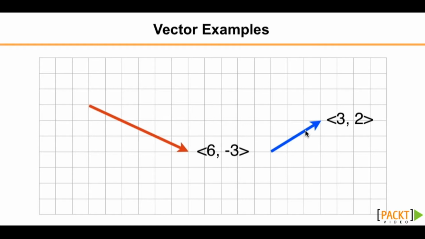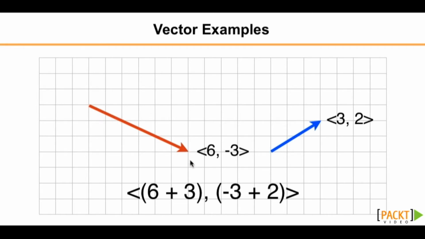Now let's suppose that we want to add two vectors together. And in this case, all we need to do is to basically add 6 and 3, right? 6 plus 3, and -3 plus 2. And remember that vectors are relative to the point of origin. So in this case, we can place these two vectors together.